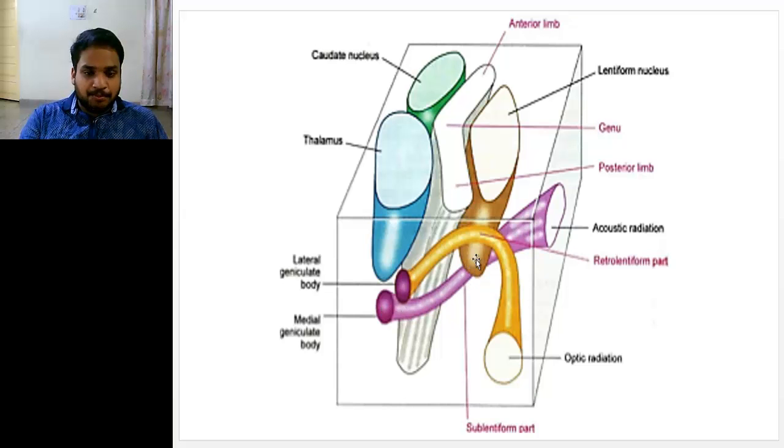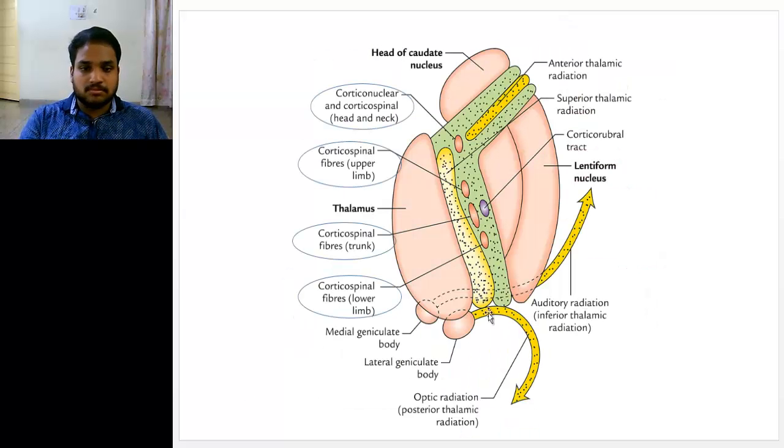Sublentiform part is beneath the lentiform nucleus, and this is the acoustic radiation. The retrolentiform part is the optic radiation. That is shown in this diagram, the optic radiation as well as the acoustic or auditory radiations, right?